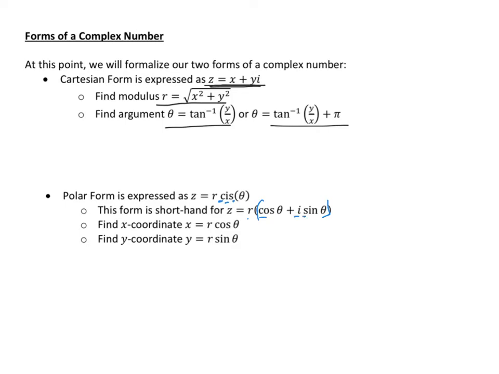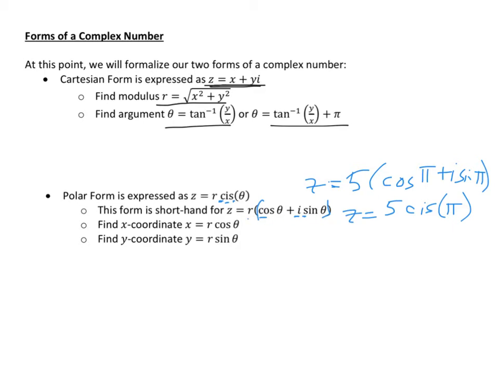So rather than having to write out 5 cosine pi plus I sine pi for the polar form of a complex number, you can instead just do 5 cis pi. And you just need to remember that anytime you see cis notation, you can expand that out into this.